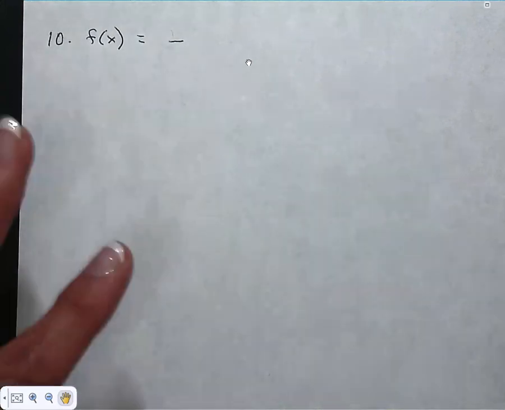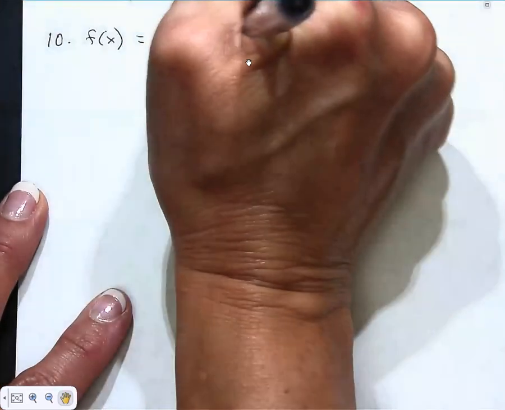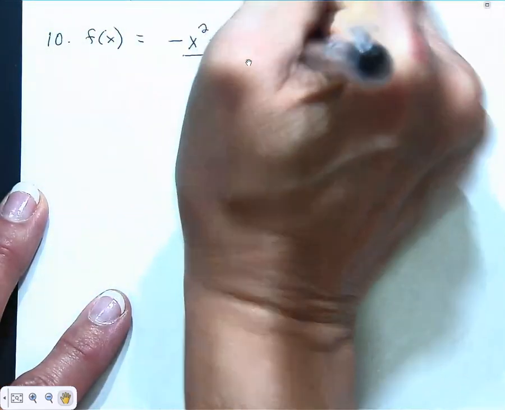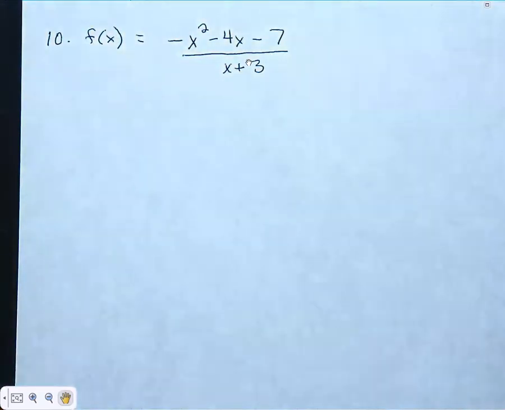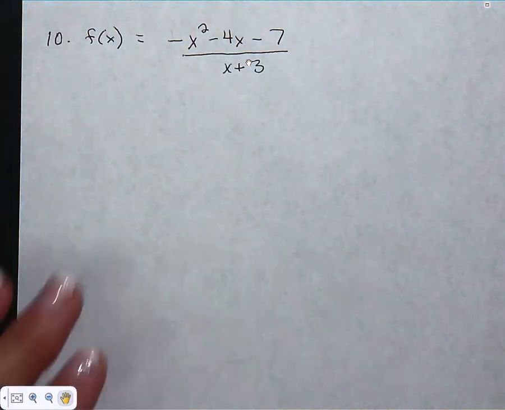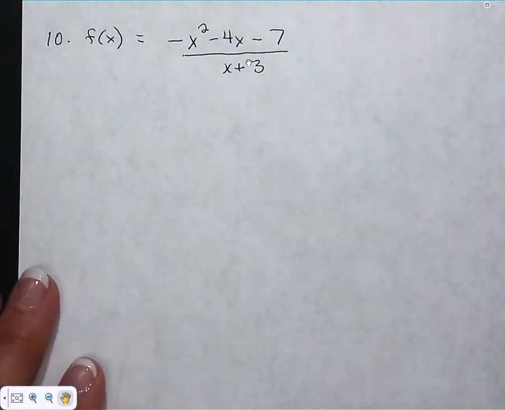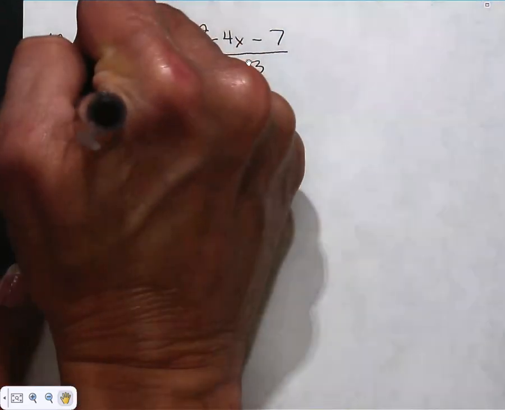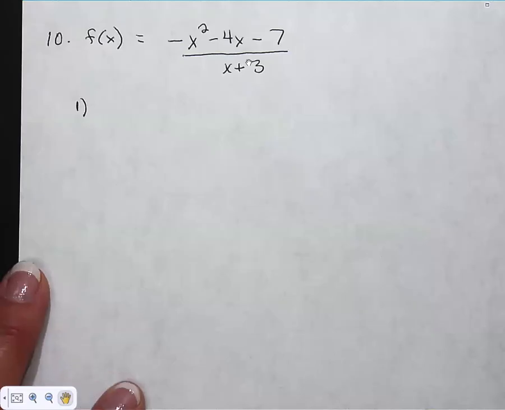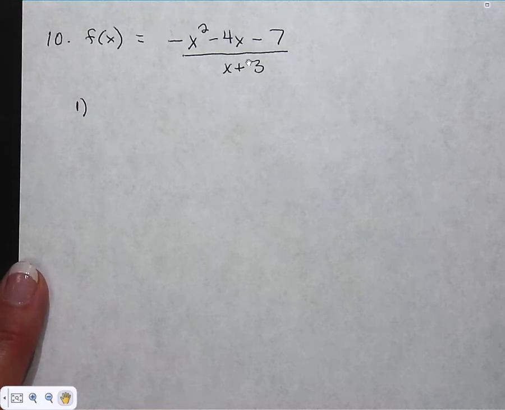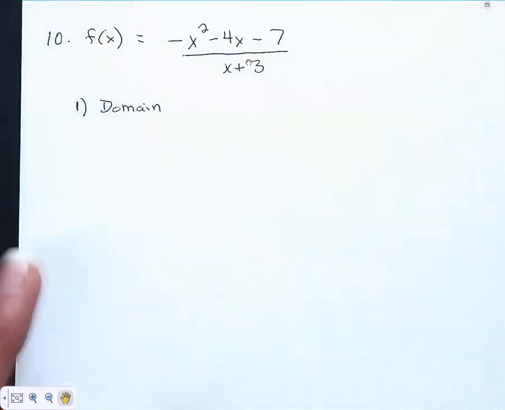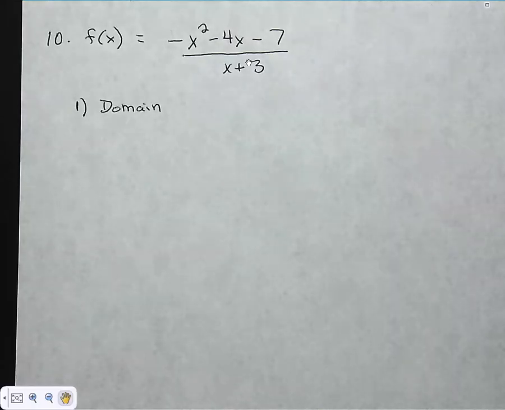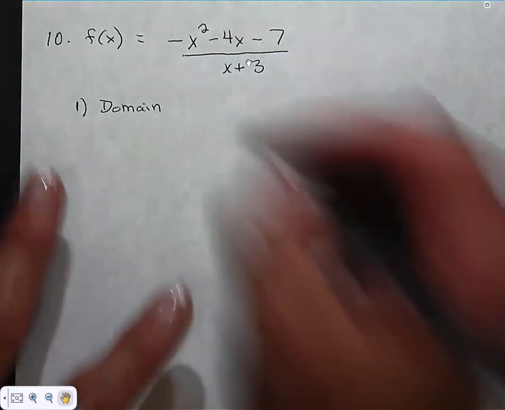All right, number 10 is negative x squared minus 4x minus 7 over x plus 3. I want you to label number 1, domain. Before I just jump right in there, I can go ahead and say that the domain is everything except for -3.